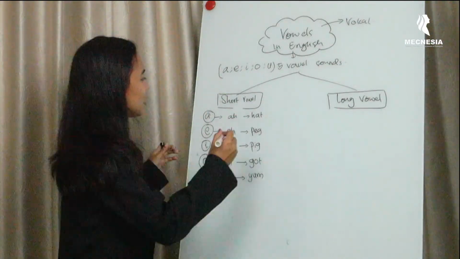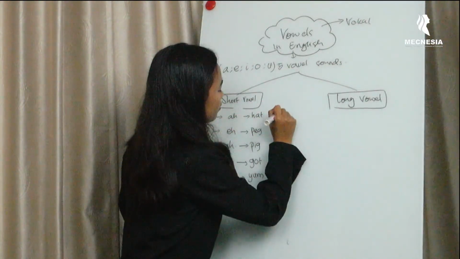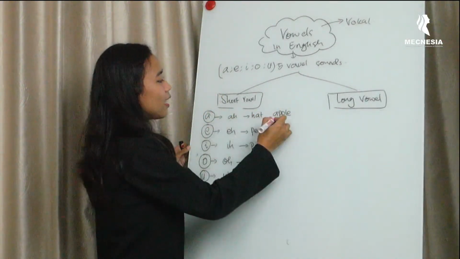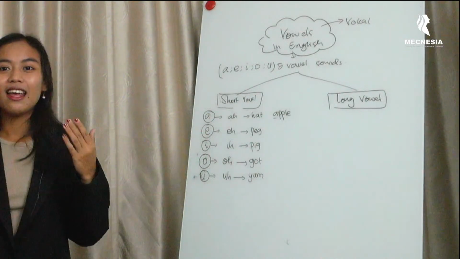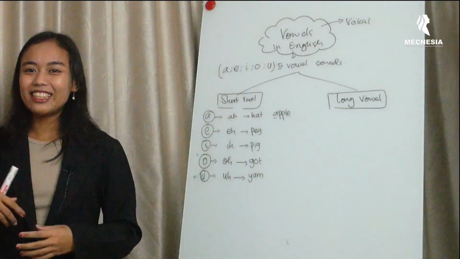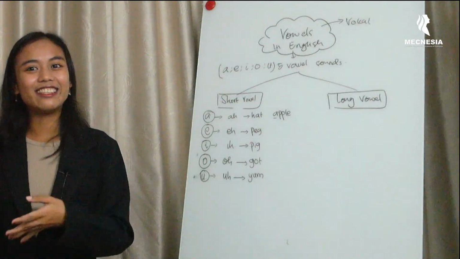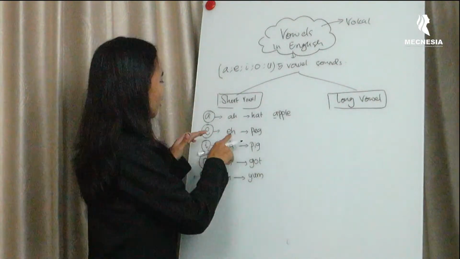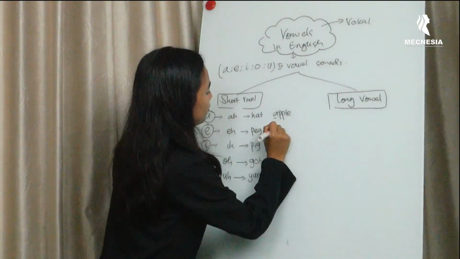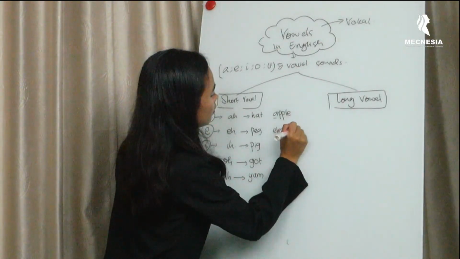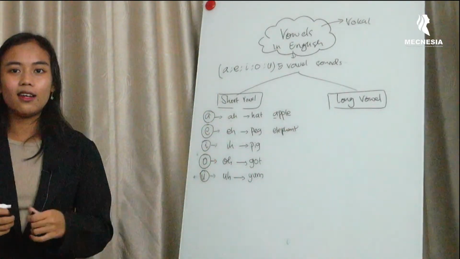So, the first is apple. As in apple. Let's say it together. As in apple. Next is for the elephant.